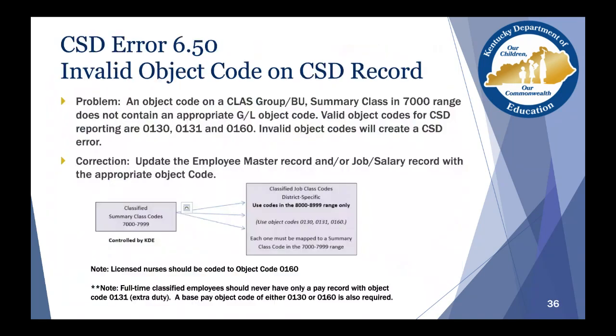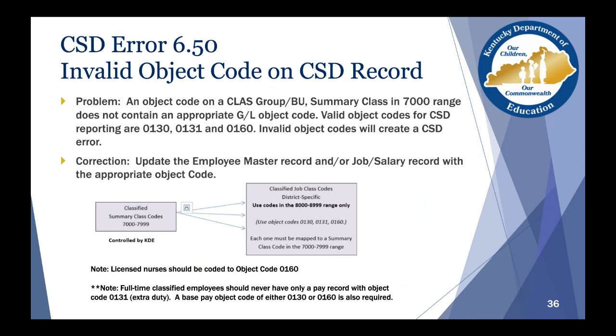So the most common is error 6.50, which is an invalid object code on the CSD record. The problem here is that you have an object code on a class or group summary class code in the 7,000 range that does not contain the appropriate object codes. Valid object codes for CSD reporting are 0130, 0131, and 0160, which is typically your school nurses.